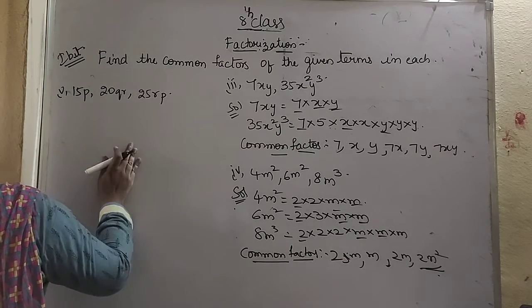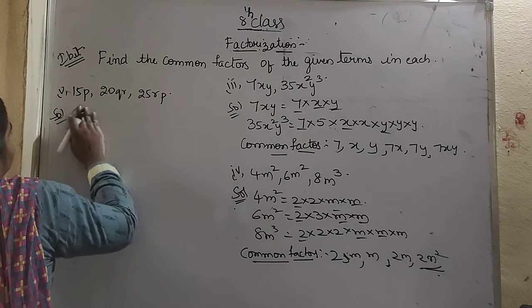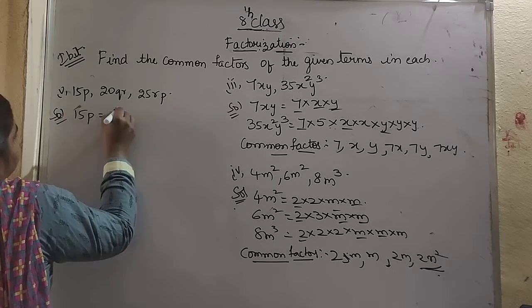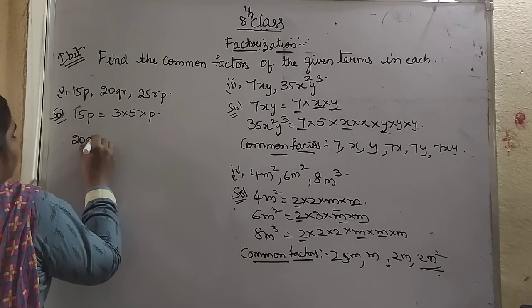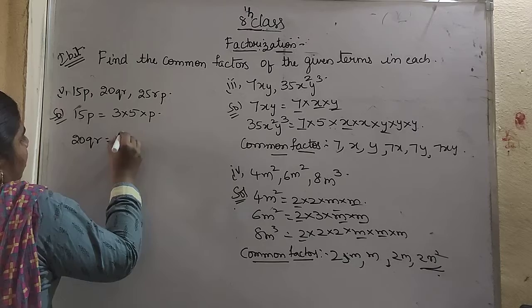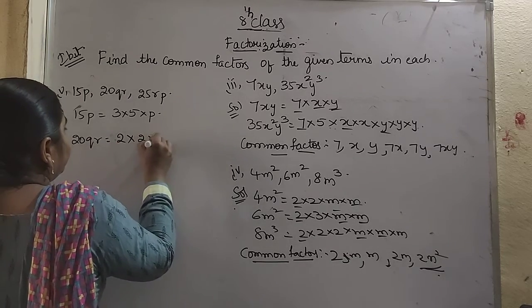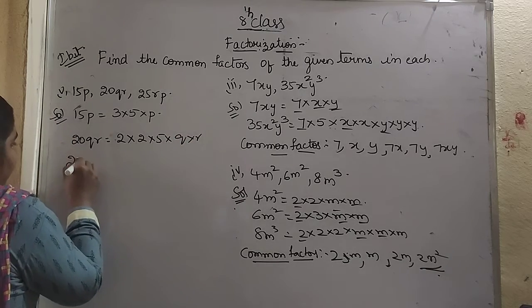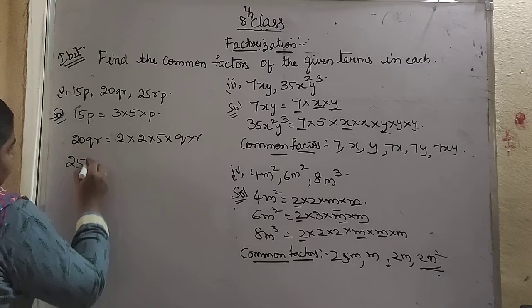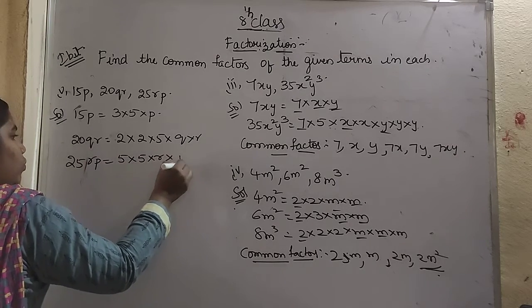Before recording the common factors, first we have to factorize them. 15p can be written as 3 into 5 into p. 20qr can be written as 2 into 2 into 5 into q into r, and 25rp can be written as 5 into 5 into r into p.